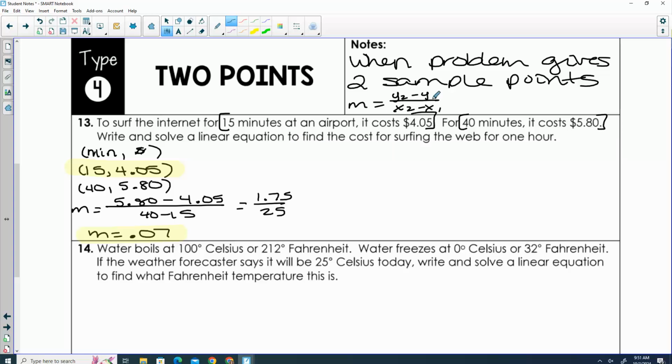So now we plug into that formula from yesterday, our point slope: y minus y1 equals m times x minus x1. And you guys are getting pretty good at that. So we do y minus, I'm using my first point, so my y1 is 4.05, equals m, which we found to be 0.07, times x minus x1, which was 15.